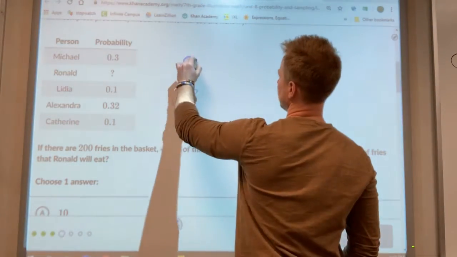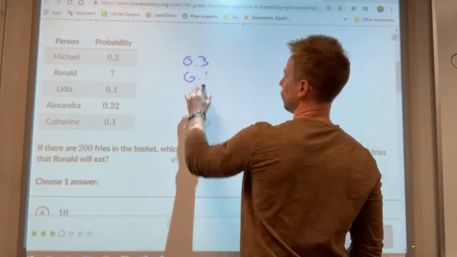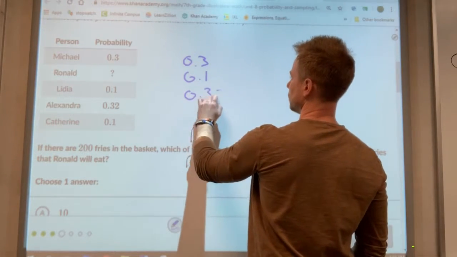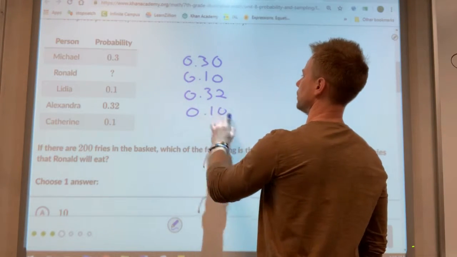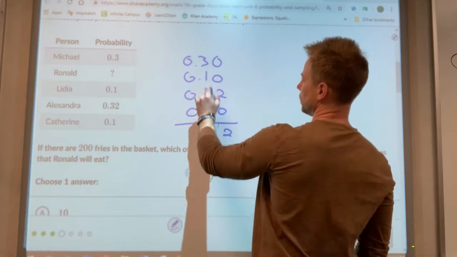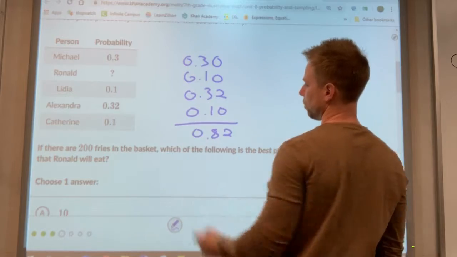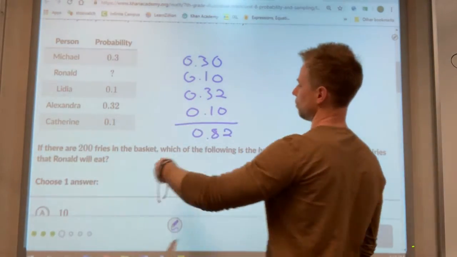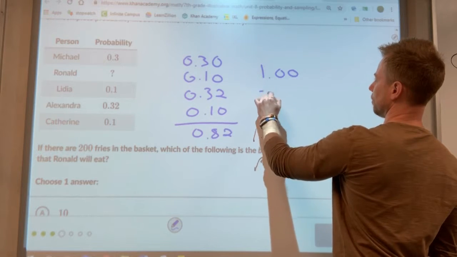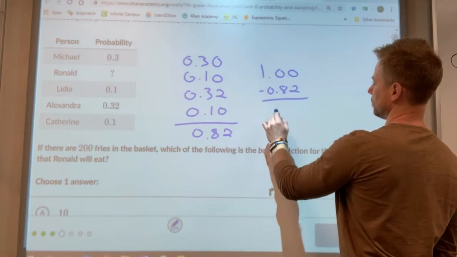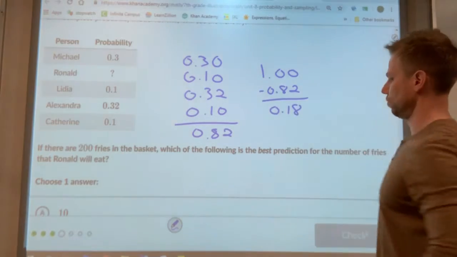So we have 0.3, we have 0.1, 0.32. So we're going to add zeros behind those so we have the same number of decimal places. 3, 6, 7, 8. So 0.82 is all of these so far. So to figure out Ronald, we would do 1 minus 0.82, which is 0.18.